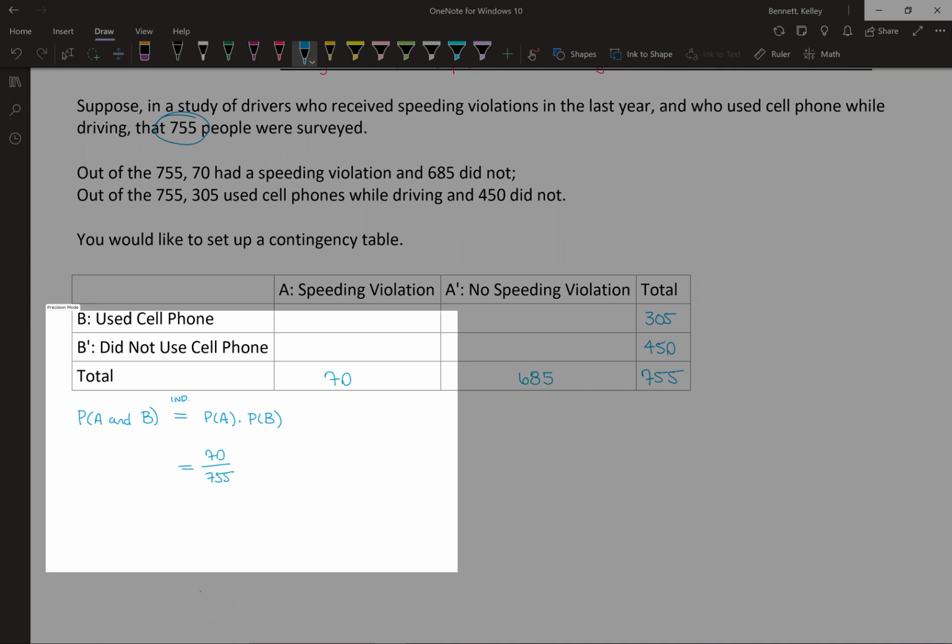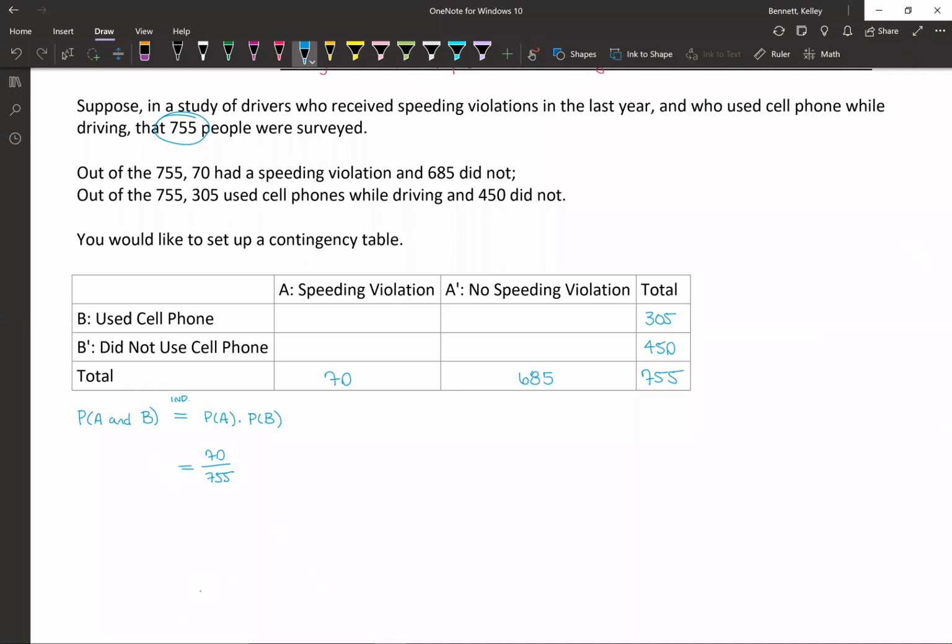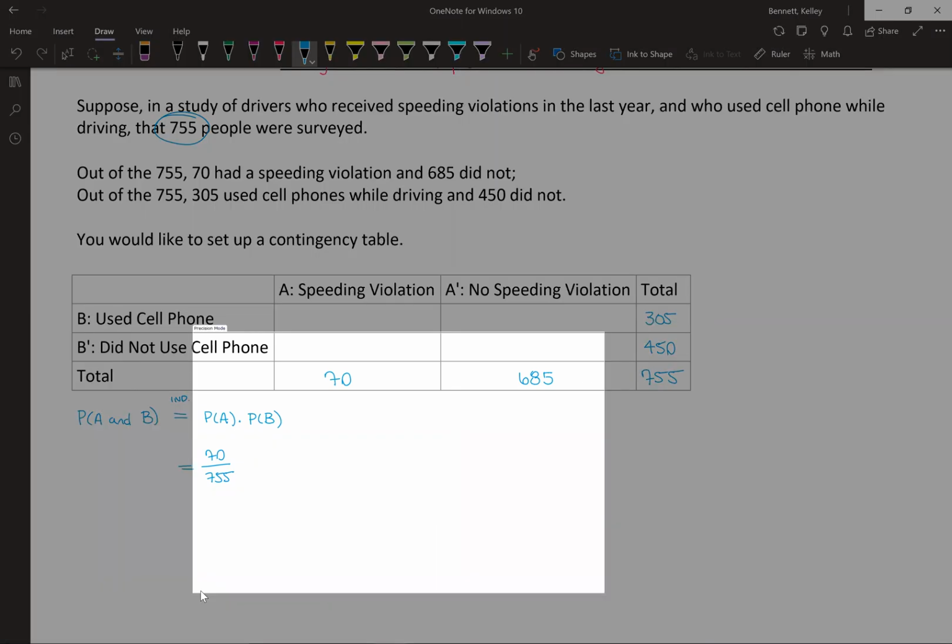The total number of A's divided by the absolute total. And then for B, that's going to be the total number of B's, which is 305 over 755.